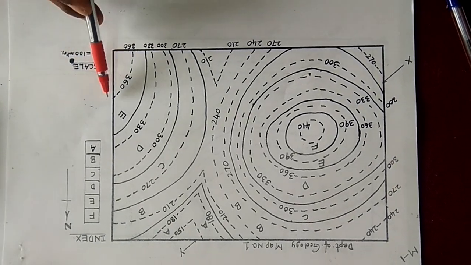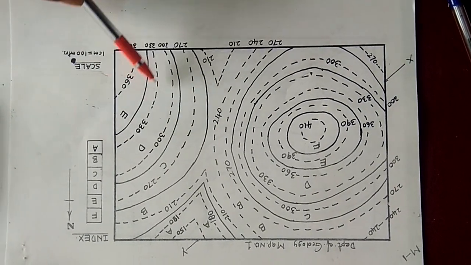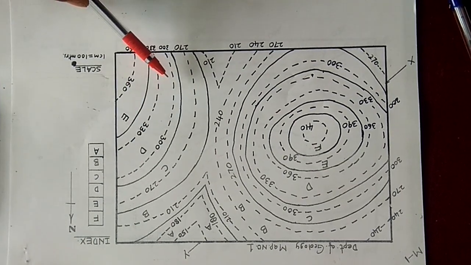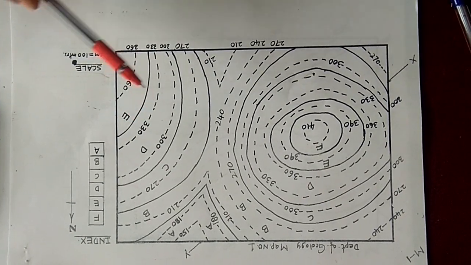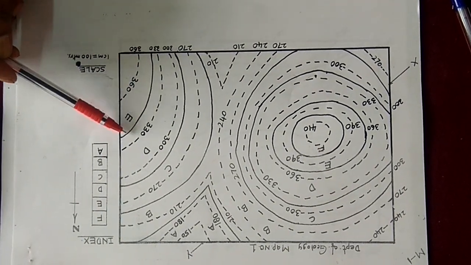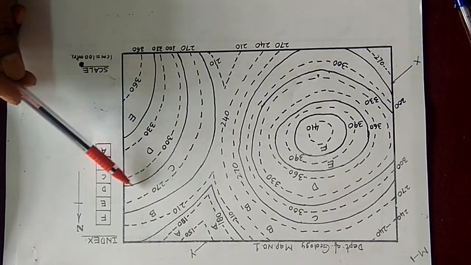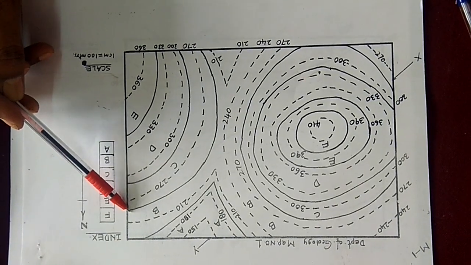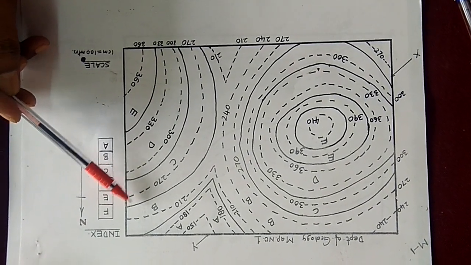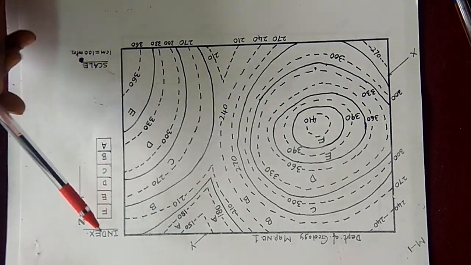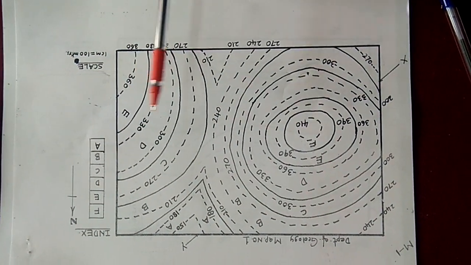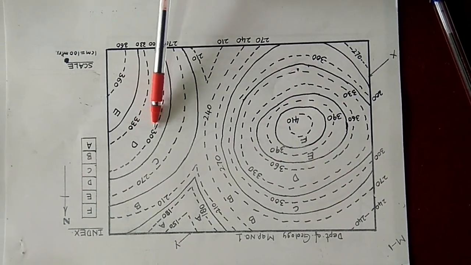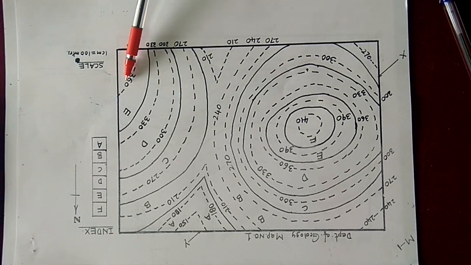Now discontinuous lines all represent the contour lines, and continuous lines, whatever you are observing here in the map, represent the bedding planes. Friends, here the contour interval in this map is 30: 300, 330, 360.